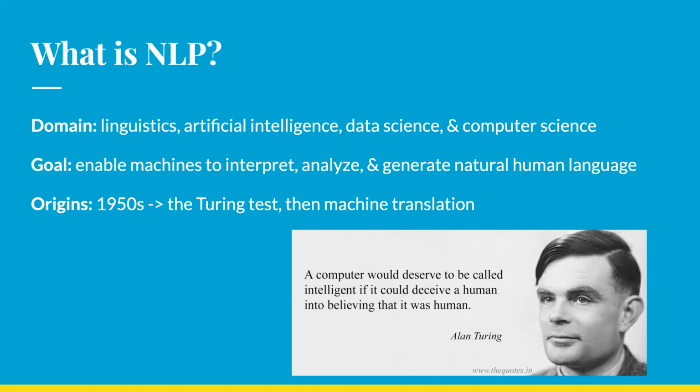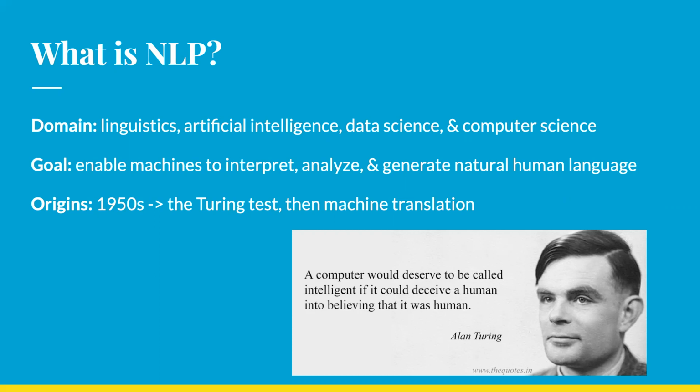The origins really come out of the 1950s when Alan Turing developed the Turing test and said, okay, if we're thinking about artificial intelligence, one of the metrics that we want to use to measure whether or not something actually fulfills an artificial intelligence is its ability to deceive humans into thinking that it's human.